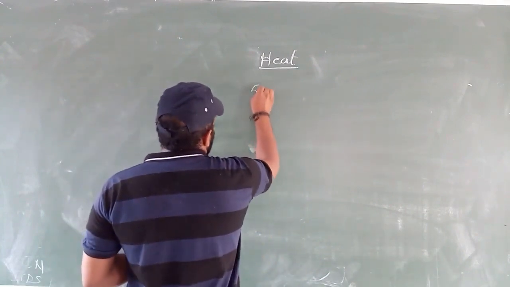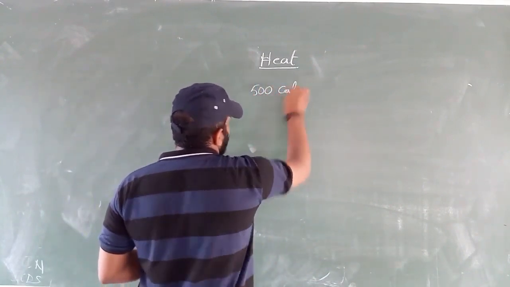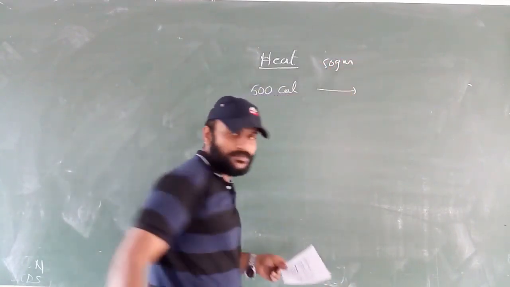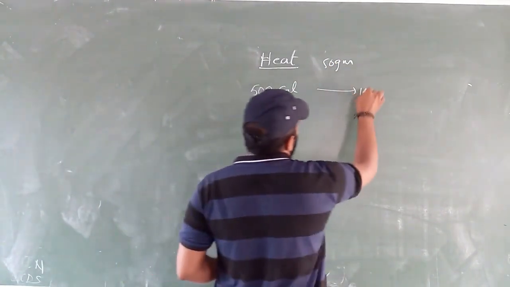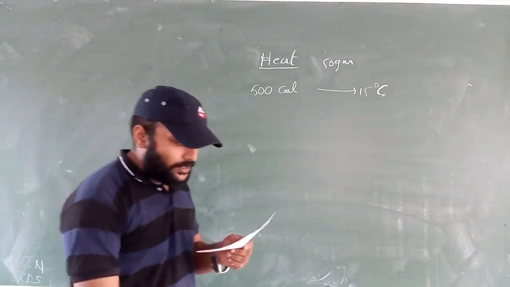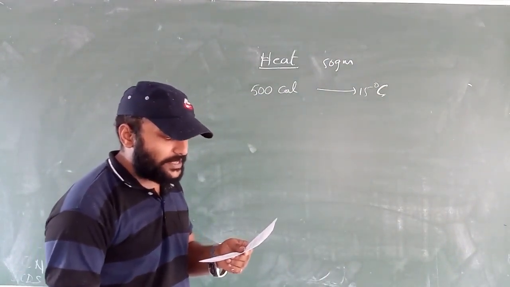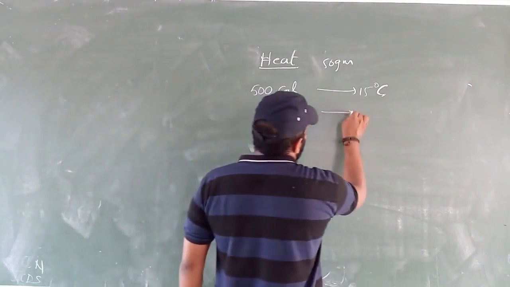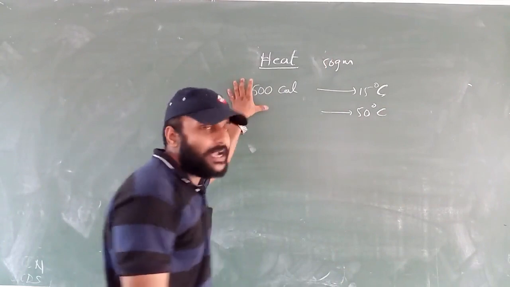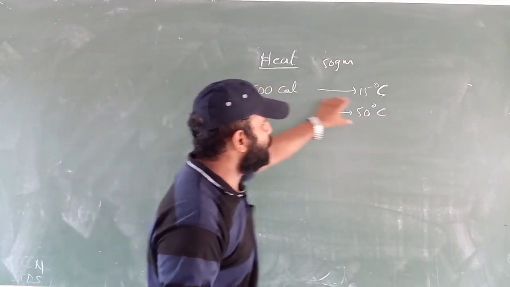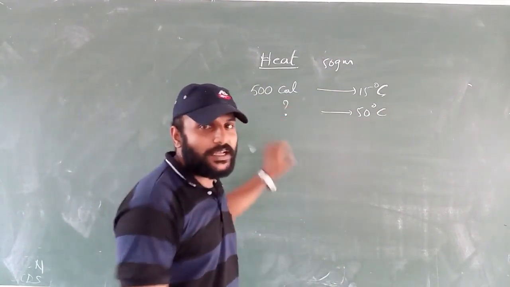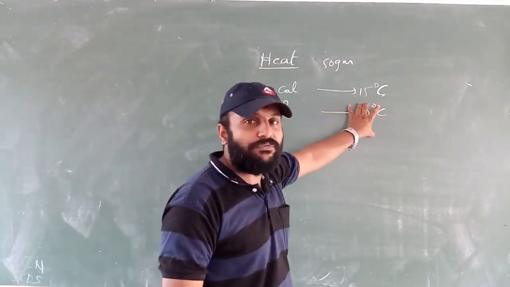So they said that 500 calories of energy is required for 50 grams of substance to raise the temperature by 15 degrees Celsius. Now they are asking: how much heat energy is required to raise the temperature by 50 degrees Celsius?